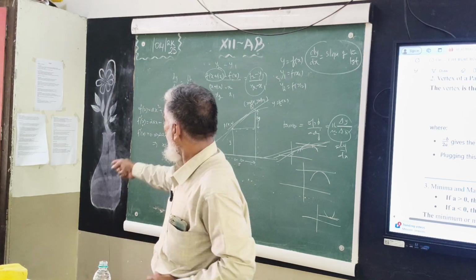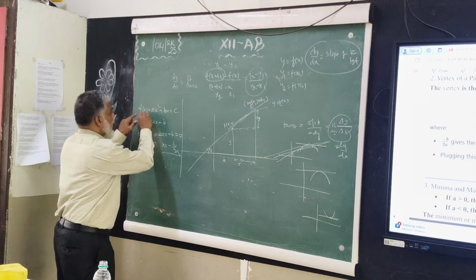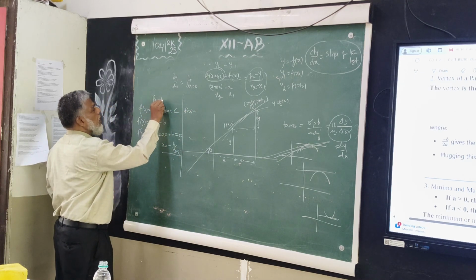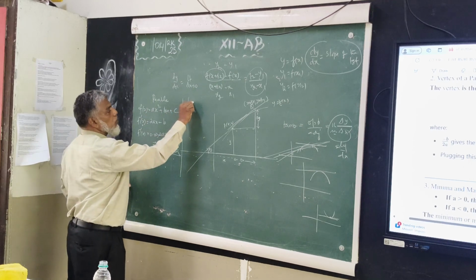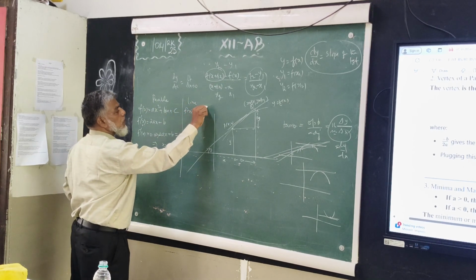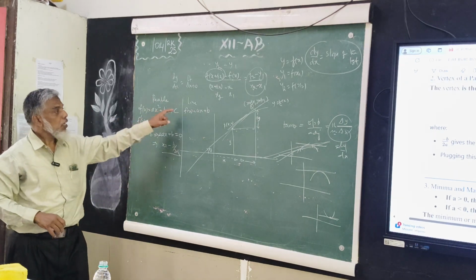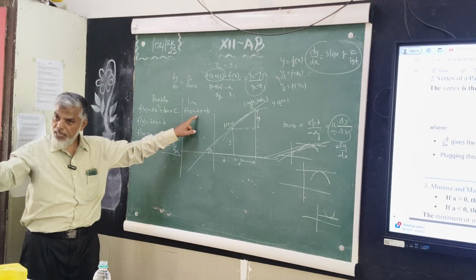Why? Now I will draw this. F of x equal to ax squared plus bx plus c is a parabola. For a line, it will be ax plus b. It is degree 2 for a parabola, degree 1 for a line.